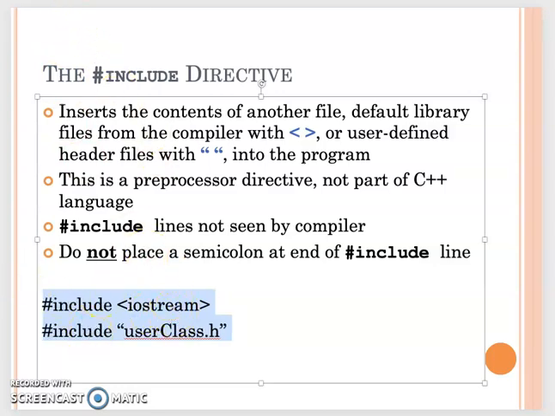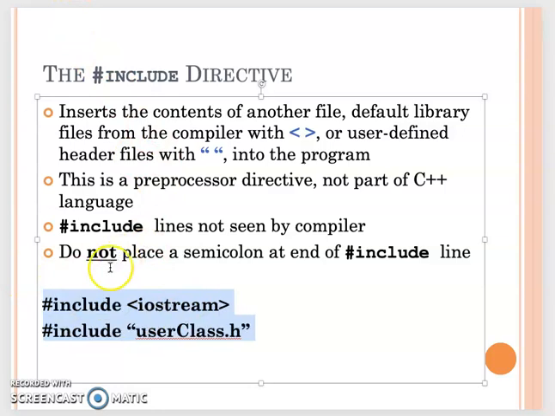I just showed you that when you do the include with angle brackets, that means the file is from the default library. But sometimes you can use the double quotes, and double quotes actually mean a user-defined header file. We won't do the user-defined header file in this class, but in your next advanced C++ class, we will talk about how to implement header files.